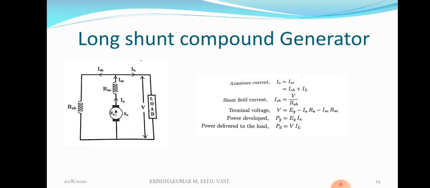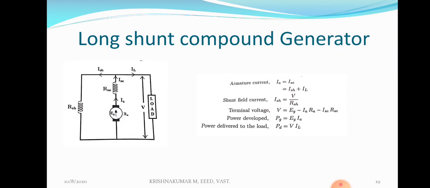That armature EMF again drives current through the series field and shunt field, and slowly the field current increases and the flux increases. This increased flux cuts the armature and more voltage develops in the armature. This more voltage again drives field current, and this process continues. So the voltage build-up process of a compound generator is the same as that of a shunt generator.